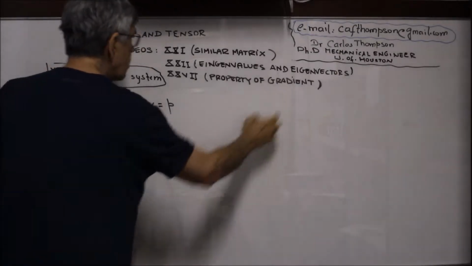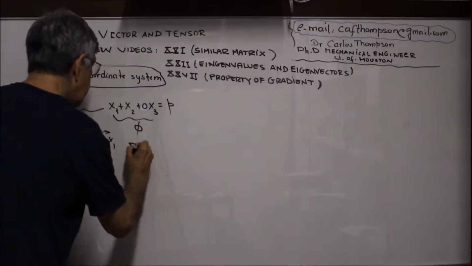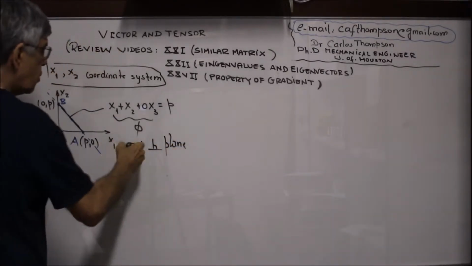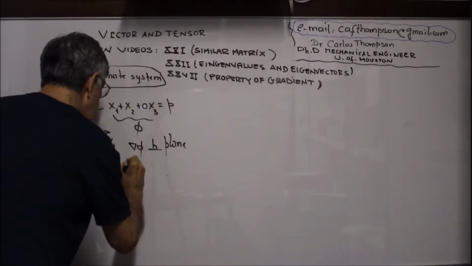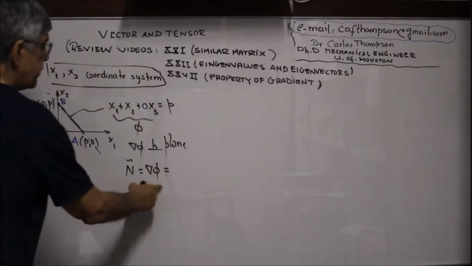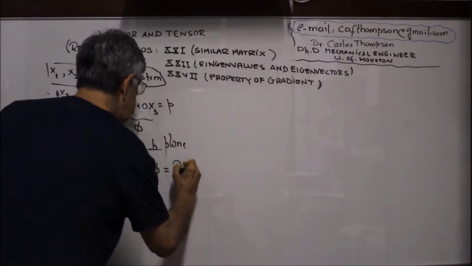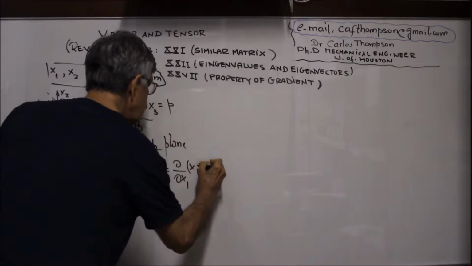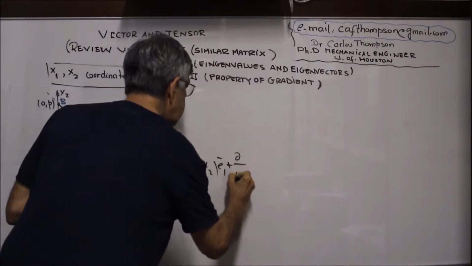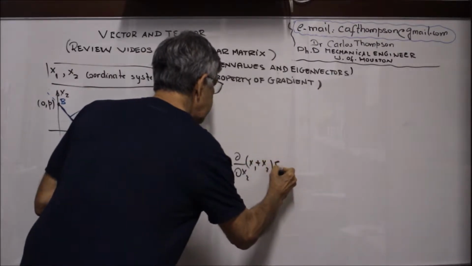Now, using the property of gradient, for a function phi, the gradient of phi is perpendicular to the plane. So the normal to the plane is equal to nabla phi, which is the partial with respect to x1 of phi, x1 plus x2, E1, plus the partial with respect to x2 of phi, x1 plus x2, E2.